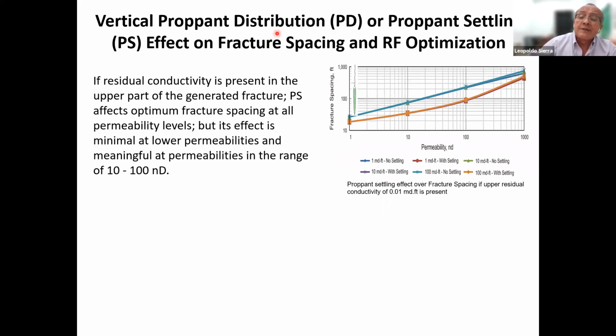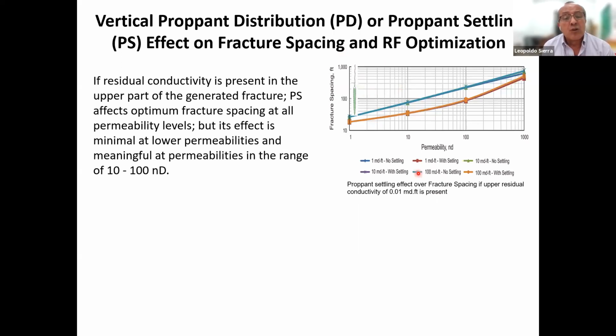So we can see here that if this is the fracture, and we have the proppant settling, and the total fracture is this one, then above the proppant bed we have some type of residual permeability or conductivity, like I'm showing here, 0.01 millidarcy.